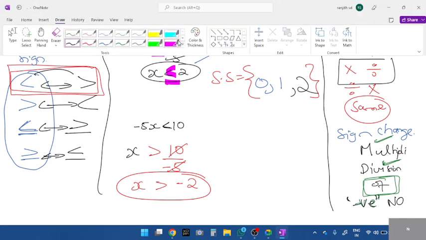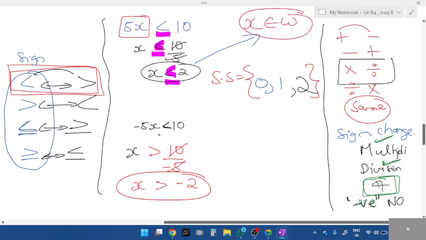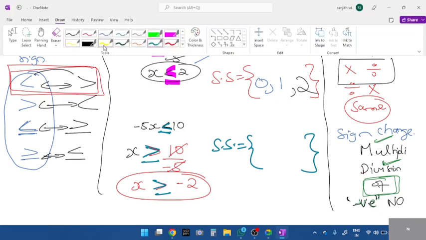Okay. Now next, look at this. Minus 5 less than 10. I just add equal to, less than equal to 10. This less than equal to will become greater than equal to. Greater than equal to. Now tell me the solution set. If it is greater than equal to, should I consider minus 2?